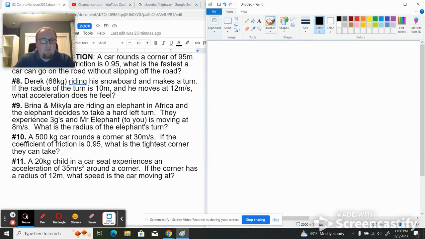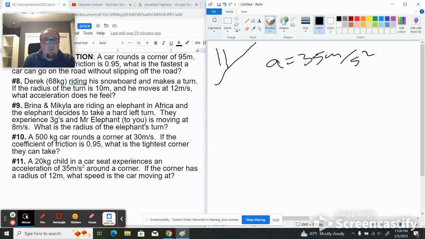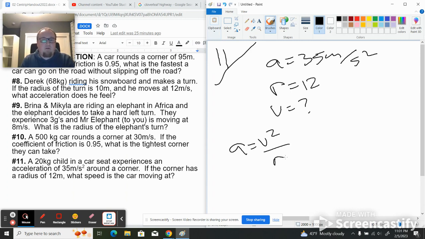Okay, number 11. A 20-kilogram child is in a car seat. Oh, good job. And experiencing an acceleration of 35. Tight corner, something's going on, right? If the corner has a radius of 12, what speed is it moving at? I look for my relationship of a, v, and r. So a is v squared over r.